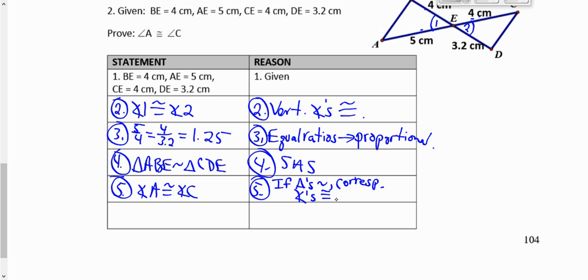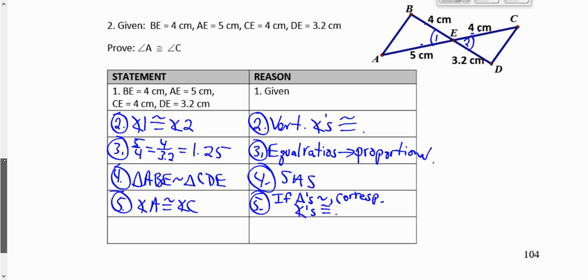Oh, we did miss something, guys. I'm sorry, we did miss something. Okay, so we had this proportion here, right? You might want to squeeze this in. What we really need, and I was thinking ahead so much here, is to have the actual side segments named in that proportion. So does everyone see the given?